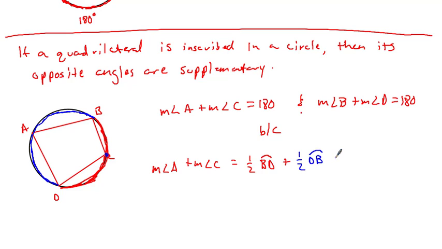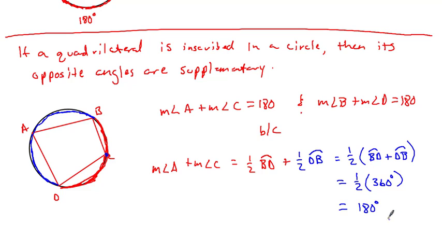And so that equals 1/2 of BD plus DB. So we add the two arcs together. So that's 1/2 of the 360 degrees that the two arcs add up to, which equals 180 degrees.